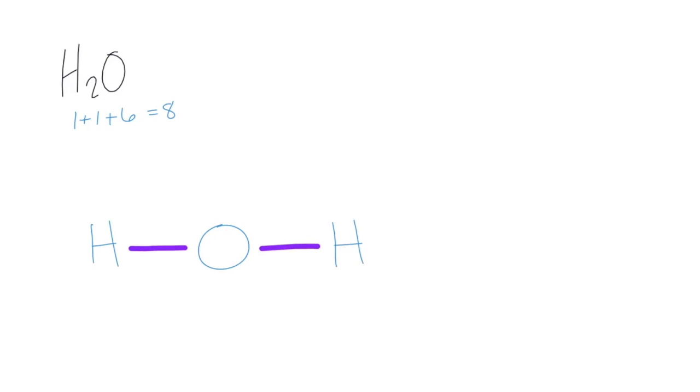Connect it with single bonds. And show, let's see, how many did that take care of? 4, so I have 4 left to place. I can't put them on hydrogen, so where am I going to put them? Oxygen. And it's happy. Oxygen has its 8, hydrogen has its 2.